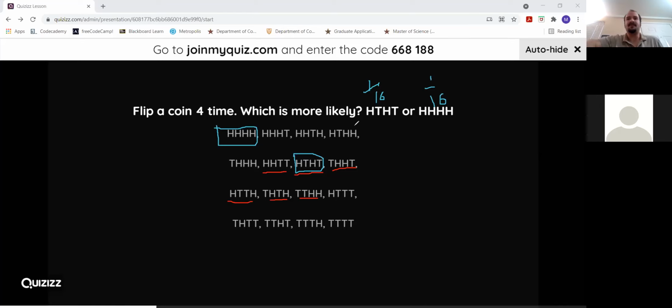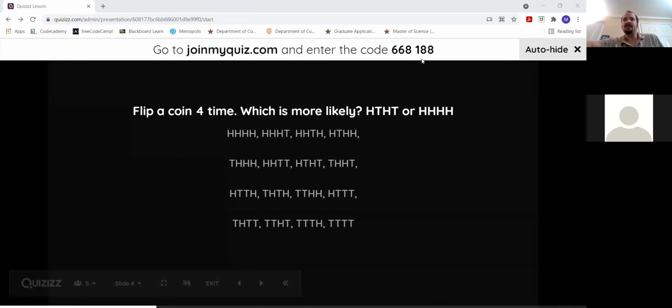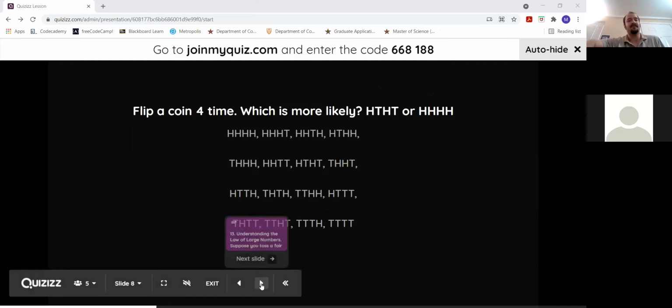But they're asking for this specific 1 string of heads and tails. So it's not more likely to land on nothing but heads than a mixture. They're both equally likely. All strings are equally likely, basically. And we could extend this with 100 flips or something.